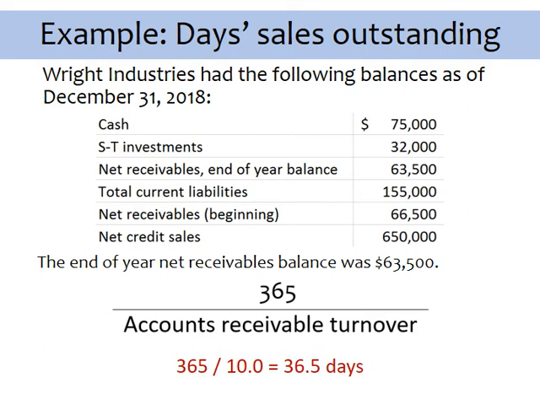This 36.5 days means that on average it takes this company 36.5 days to collect its accounts receivable, which does not seem too bad on its own if their terms are net 30 days or something similar to that. To truly evaluate this ratio, we would need to see more years of data to be able to calculate over time and maybe some peer group averages as well.